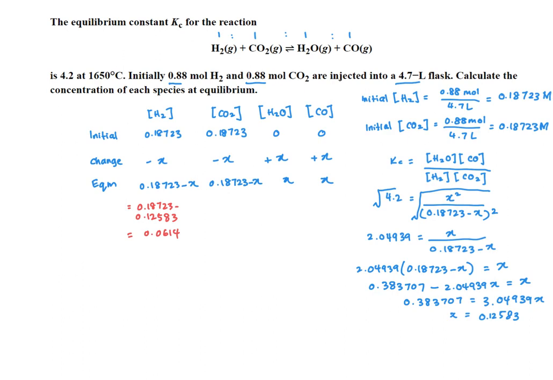Since the initial data is given in 2 significant figures, we can round this to 2 significant figures. So these are the concentrations in 2 significant figures.